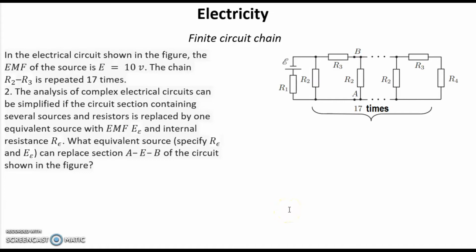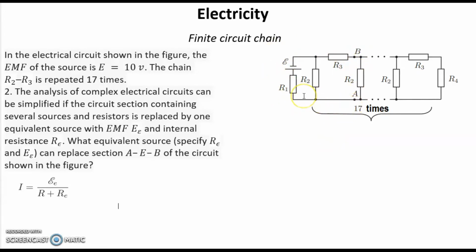So let's do this. First we can write Ohm's law for our equivalent EMF, our internal resistance, and the outside resistor. This is the series connection of our equivalent scheme with the outside resistor R. And now we can write Kirchhoff's rules for this part of our scheme.